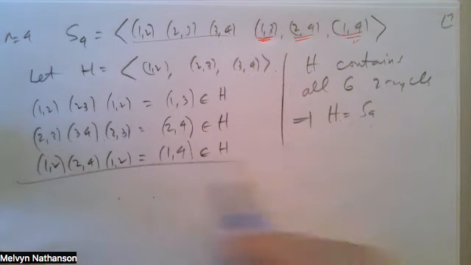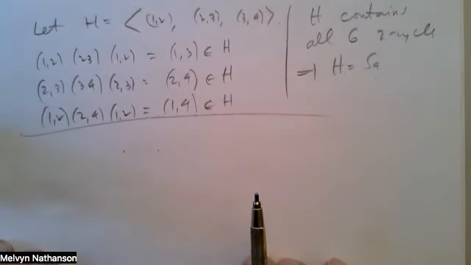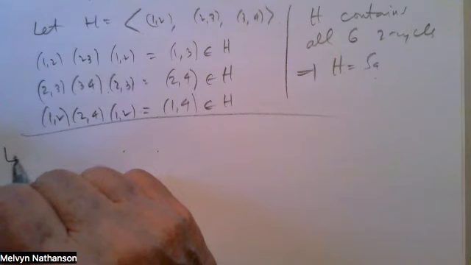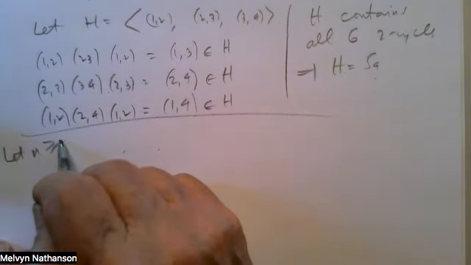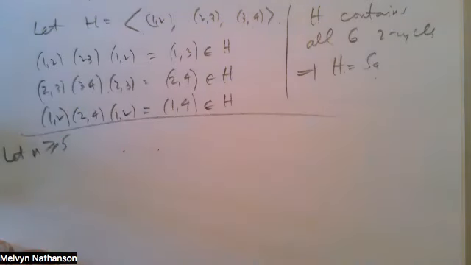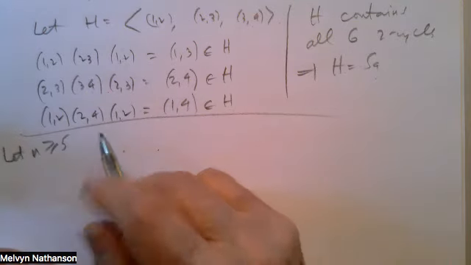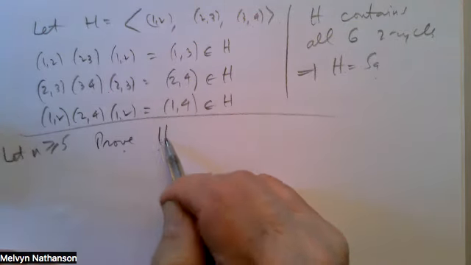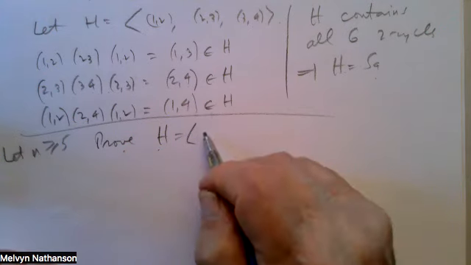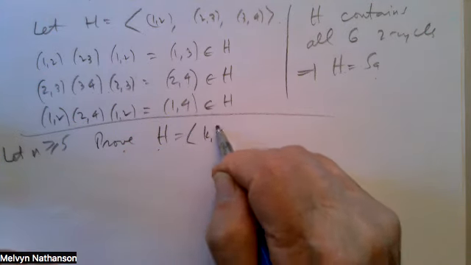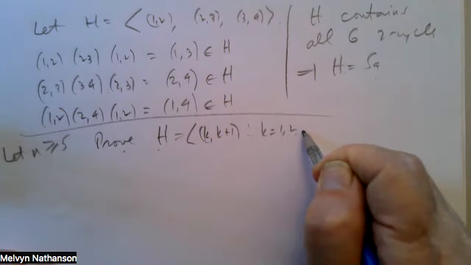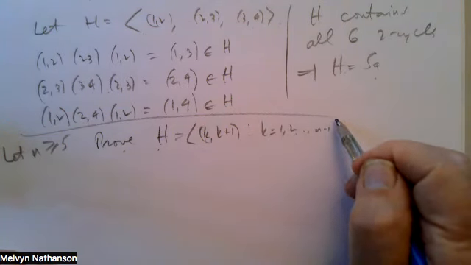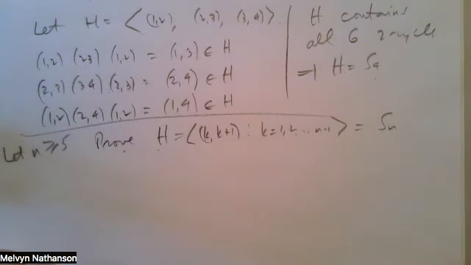Okay. How do we prove this in general? So let n be, let's say, greater than or equal to 5, and we've already considered 2, 3, and 4. How do we prove that the subgroup generated by all the 2-cycles (k k+1), where k goes from 1 up to n minus 1, is in fact the whole symmetric group?